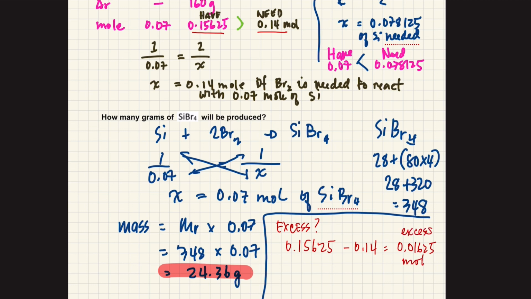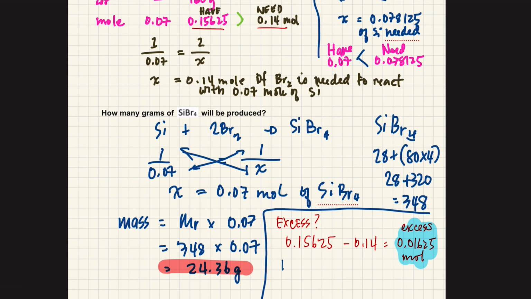So if the question is asking how many moles are in excess, then this is the answer. However, if the question is asking how many grams are in excess, what do you do?